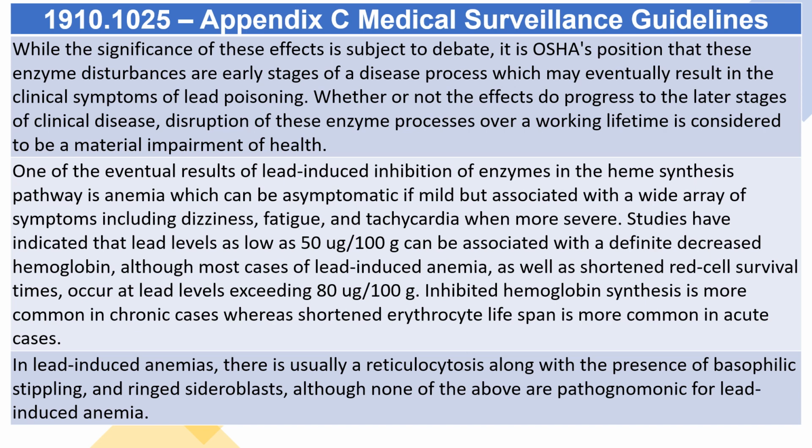Inhibited hemoglobin synthesis is more common in chronic cases, whereas shortened erythrocyte lifespan is more common in acute cases. In lead-induced anemias, there is usually a reticulocytosis along with the presence of basophilic stippling and ring sideroblasts, although none of the above are pathognomonic for lead-induced anemia.